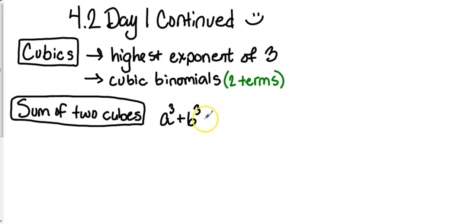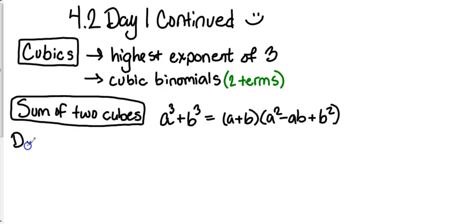This will always factor to be a plus b times a squared minus ab plus b squared. My bad, back that up a little bit. And then we also have the difference of two cubes.